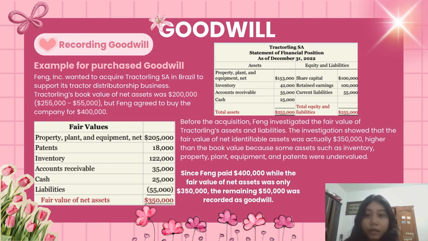The total for the assets and liabilities gives a fair value of net assets of $350,000. Feng agreed to buy the company for $400,000. Since Feng paid $400,000, while the fair value of net assets was only $350,000, the remaining $50,000, from $400,000 minus $350,000, was recorded as goodwill.